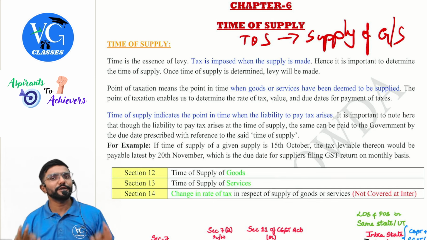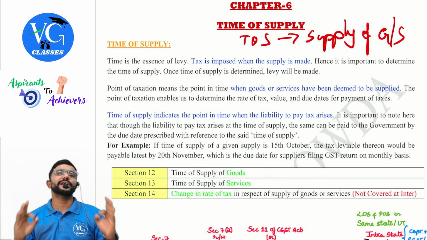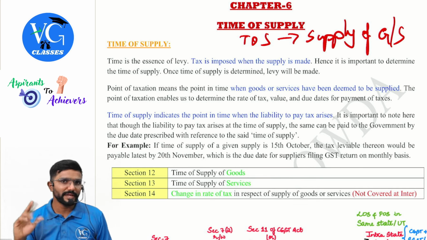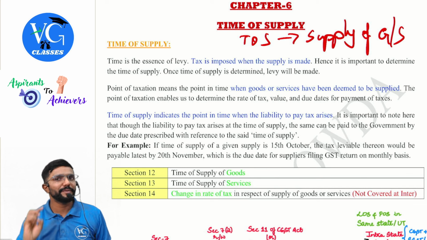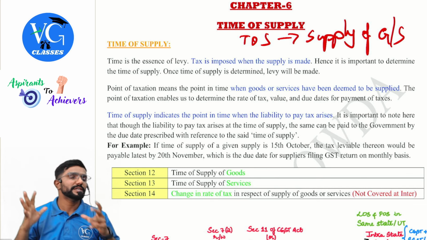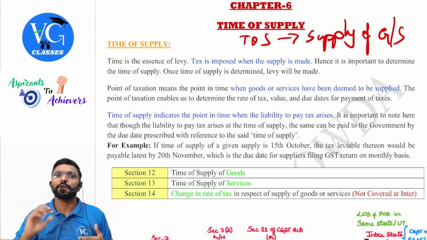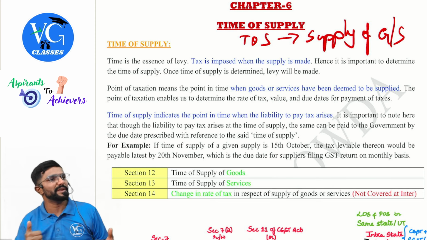The due date to file GSTR-3B is the due date to pay GST. They both are linked. So on or before 20th of next month, you should have paid GST and filed GSTR-3B, guys.